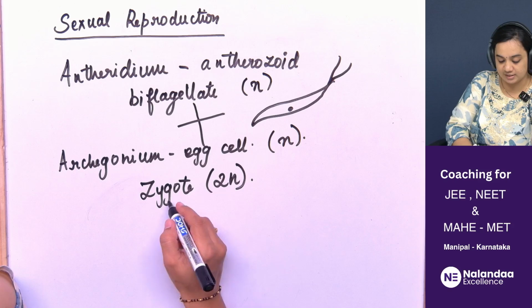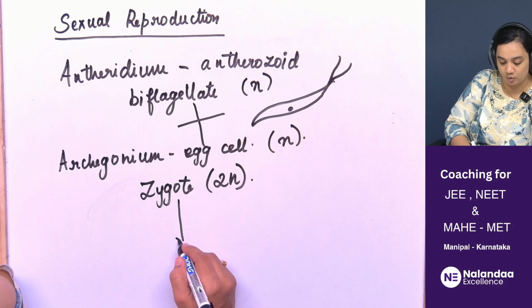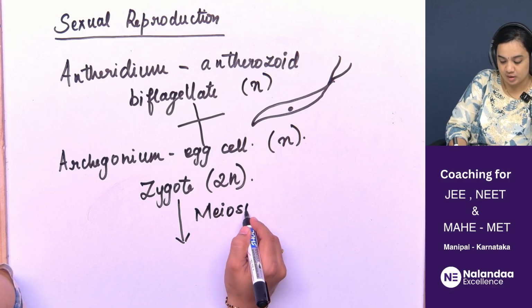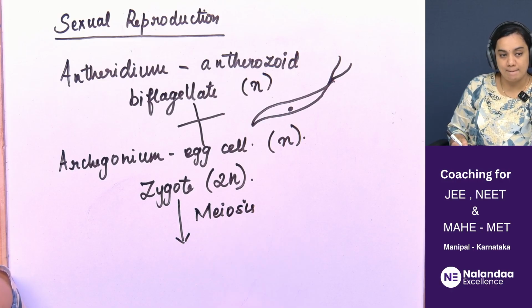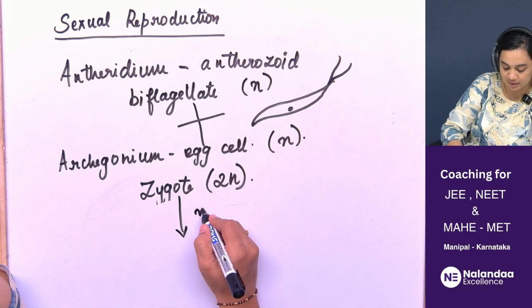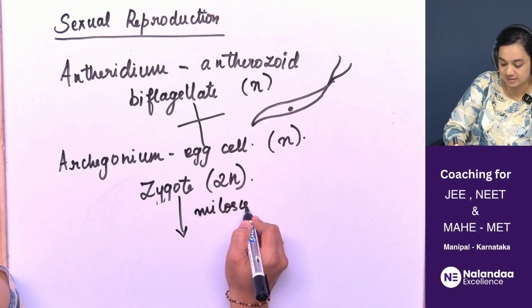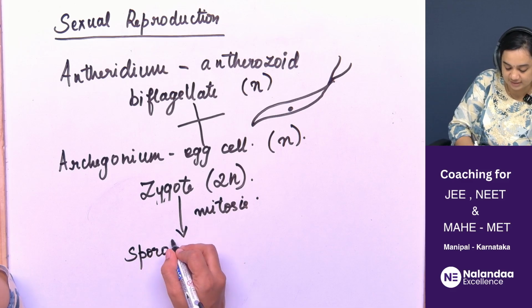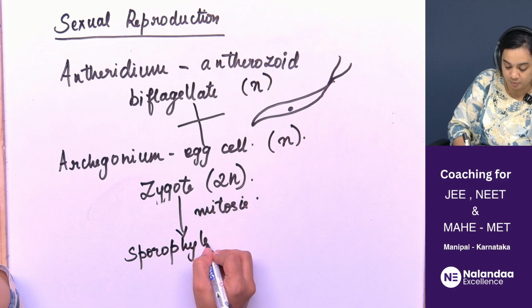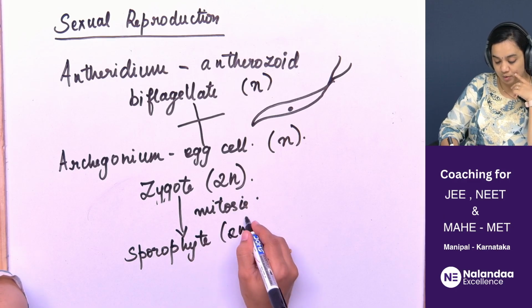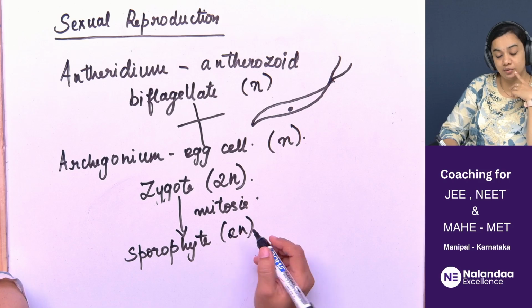After fertilization, the zygote will immediately undergo mitosis, I'm sorry, the zygote undergoes mitosis and it starts forming the sporophytic generation, the diploid sporophytic plant body. So the sporophyte again is diploid and it's going to contain what?